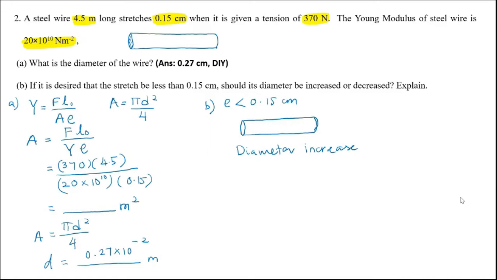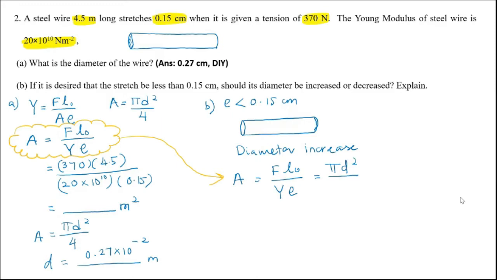Why does the diameter increase? From the equation of cross-sectional area just now, the cross-sectional area is equal to F L naught per Y E, where A is pi d squared per 4.